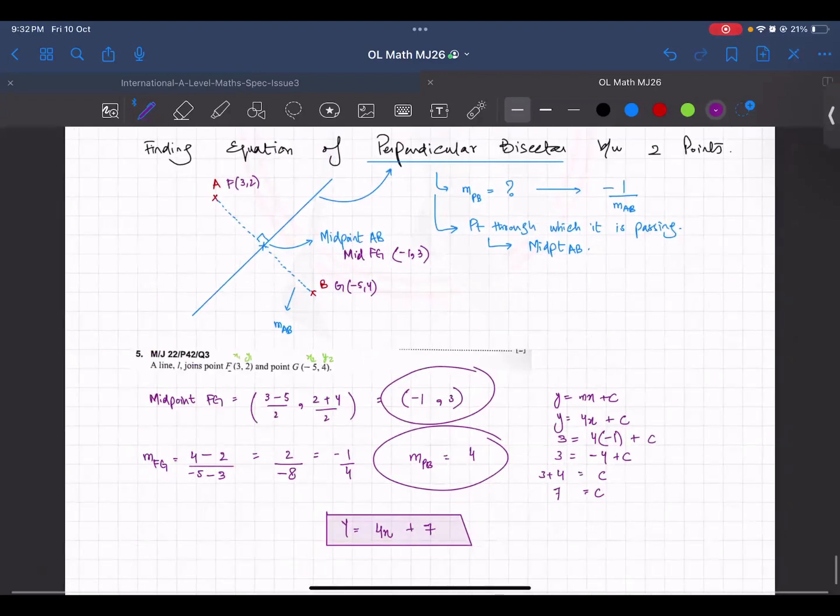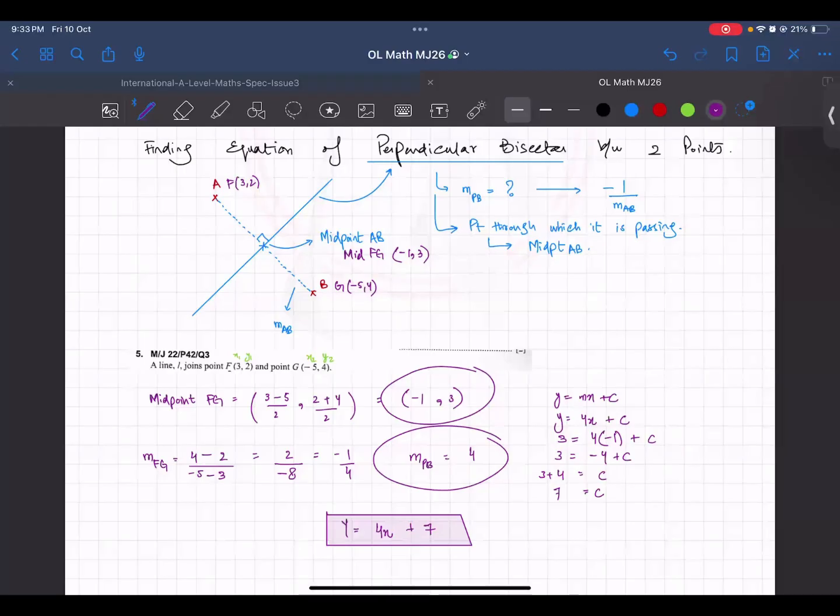That's it. And they are giving you 5 marks for this. 5 marks. Think about it. Less than 5 steps. So it's very much a score gaining part. That's it.